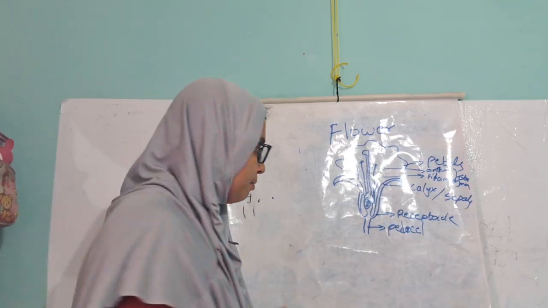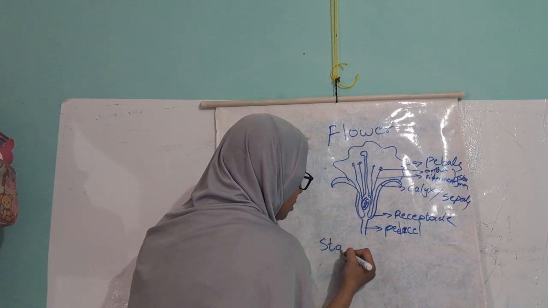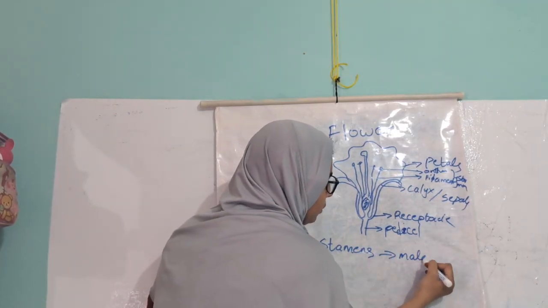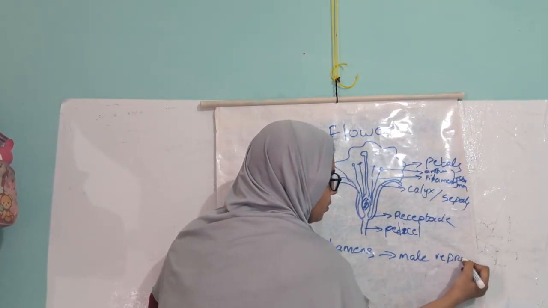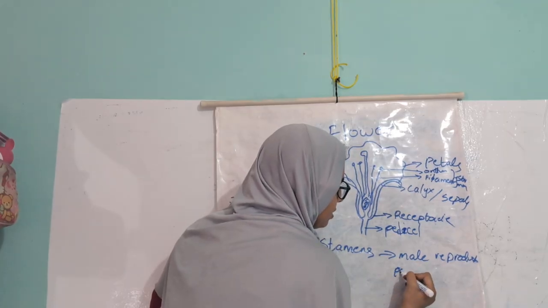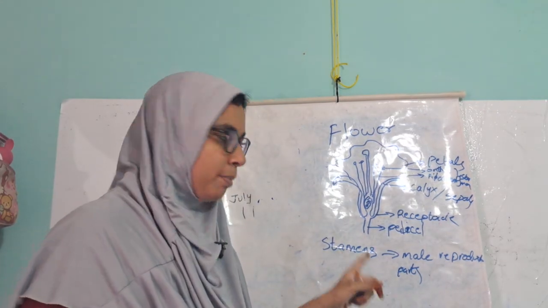Stamens, anther and filament. Stamens are the male reproductive parts.